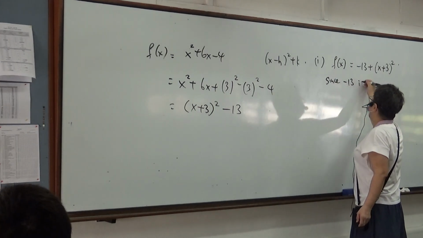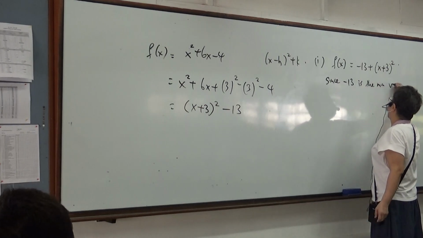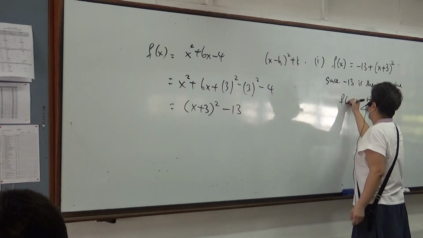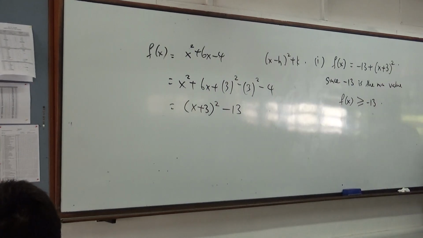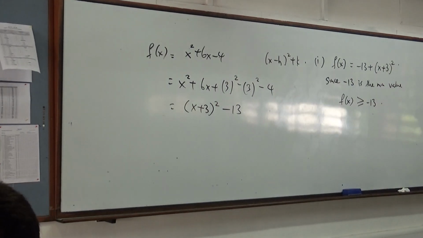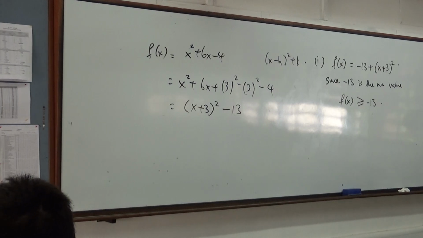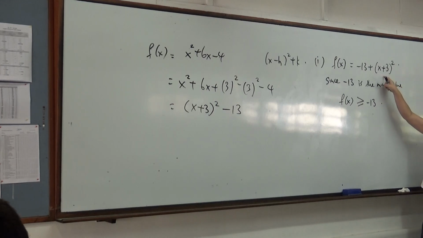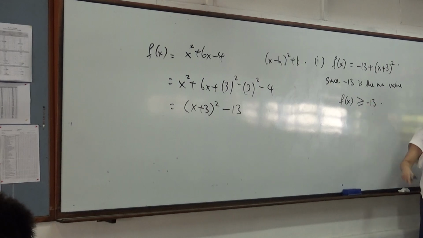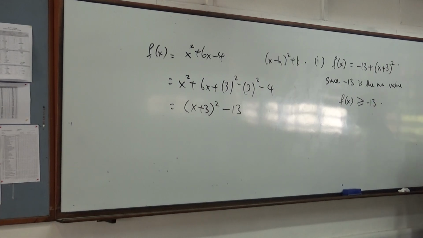Since negative 13 is the minimum value, f(x) must be bigger than or equal to negative 13. Correct? Okay now? Yes or no, class? Because this one is always positive or 0, this is the minimum value, so all values must be greater. Yes or no?